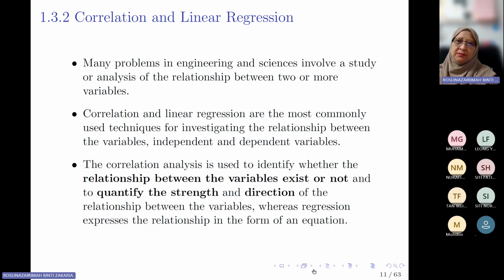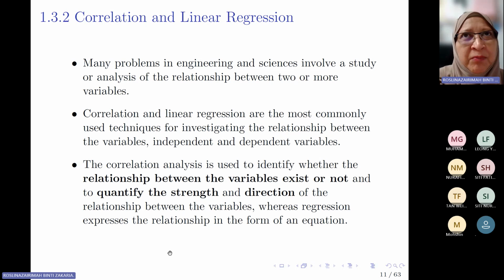Actually, we have talked about correlation just now in the EDA, the exploratory data analysis. Basically we have 3 steps for data analysis. First, we look at the data, check for missing values, the dimension of the data: how many observations, how many variables.